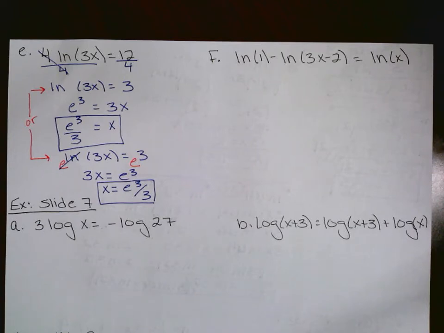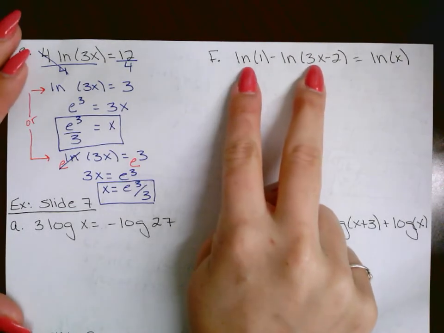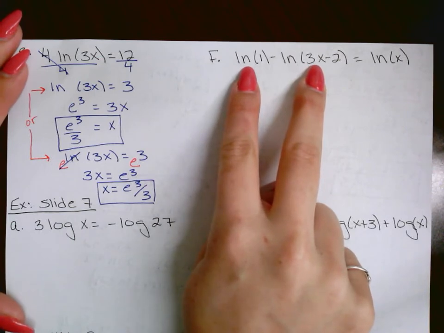So now looking at letter F, we have options again. Whenever I see more than one ln or log on one side, I want to try and combine them with the rules that I have from the previous lesson. So some options are, and I'm going to expose you to them and then let you pick which one you want to do. I have the rule that 2 ln's being subtracted can turn into division.